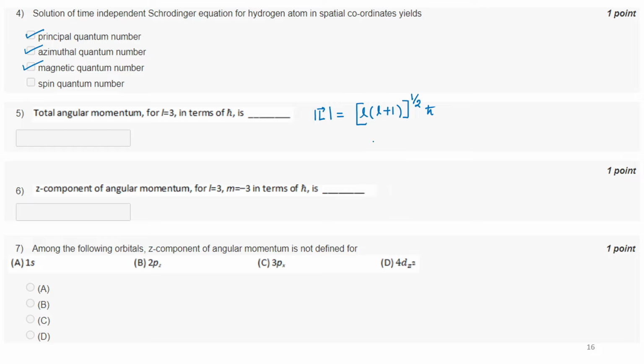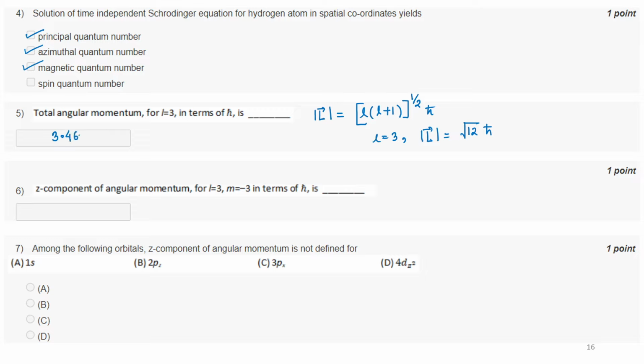So here for L equals 3, you are going to have your magnitude as root over 12 h cut, and root 12, if I use a calculator, is something around 3.46.